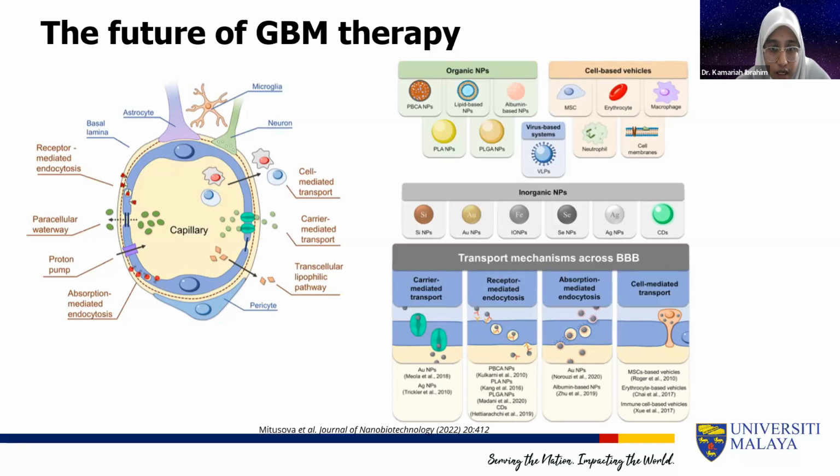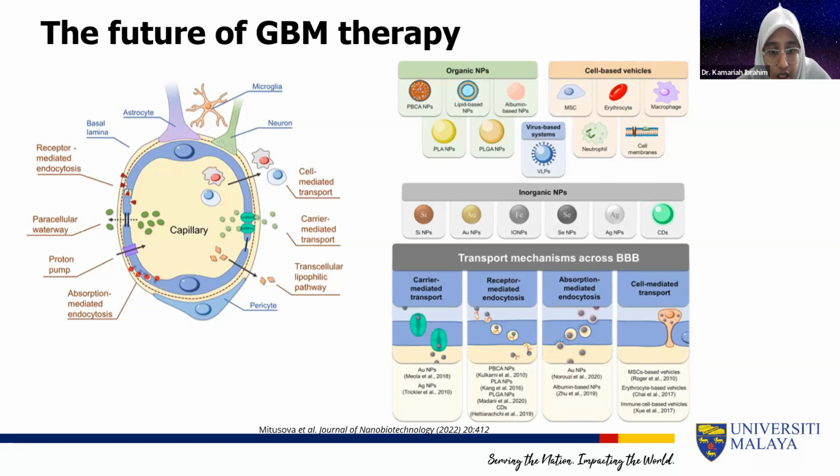And now, because of the apparent promise of nanotechnologies, drug delivery across the BBB holds great promise for the treatment of GBM. As you can see, there's a whole range of organic nanoparticles and inorganic nanoparticles, as well as virus-based systems and cell-based vehicles.